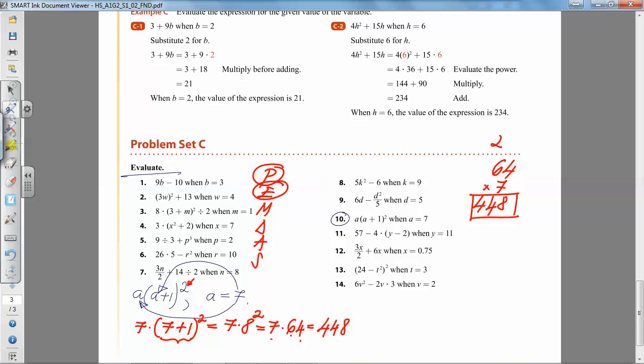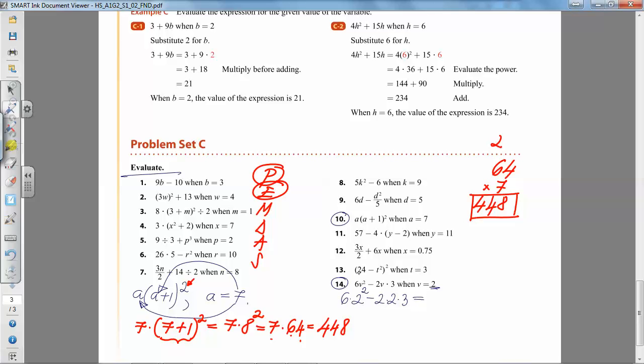How about another one? I don't know. Let's do 14. 6v squared minus 2v times 3 when v equals 2, right? Well, wherever you have v, you're going to plug in 2. And you have 6 times 2 squared minus 2 times 2 times 3 equals.